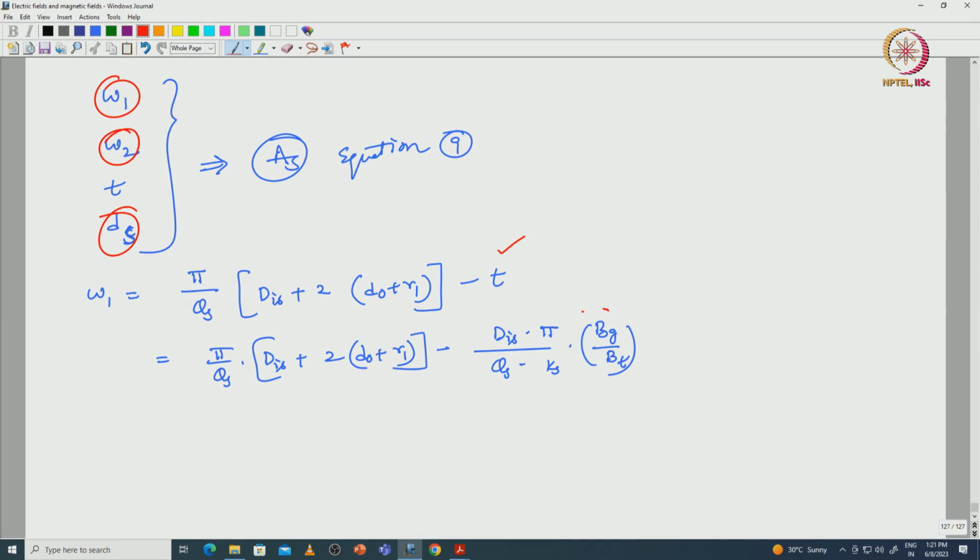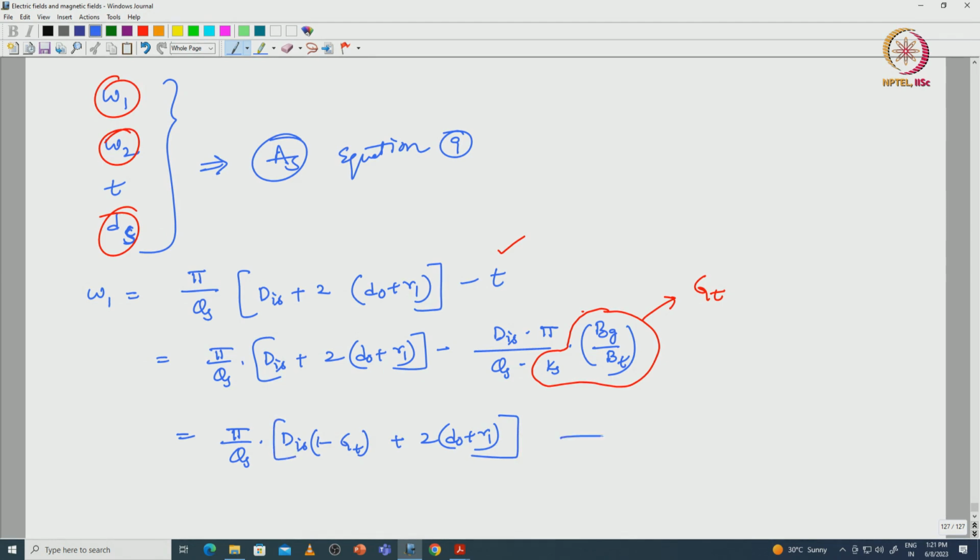Now define Bg by Bt into 1 by Ks as a constant of Gt, okay. Then W1 is equals to pi by Qs into dis into 1 minus Gt plus 2 into d naught plus r1. This is equation number 10.